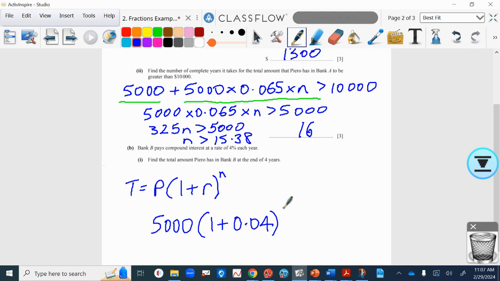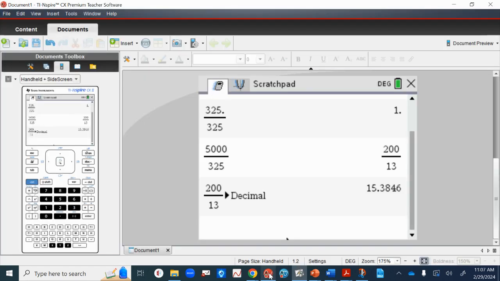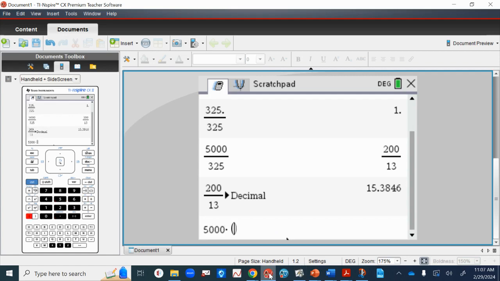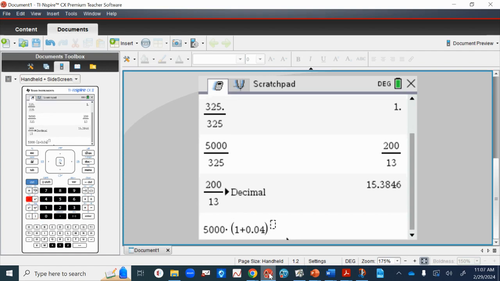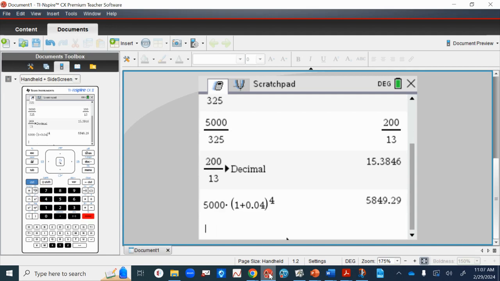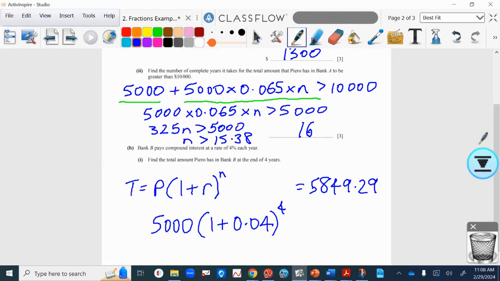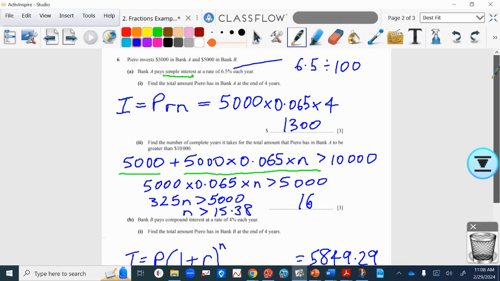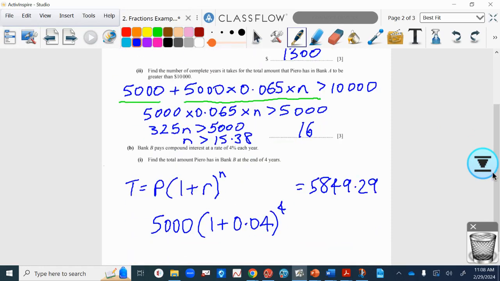And then to the power of 4, because it's 4 years. And then put this into your calculator. That's 5,000 times 1 plus 0.04, all to the power of 4. So that should be 5849.29. And that is dollars, so I will put the dollar sign in and underline it.